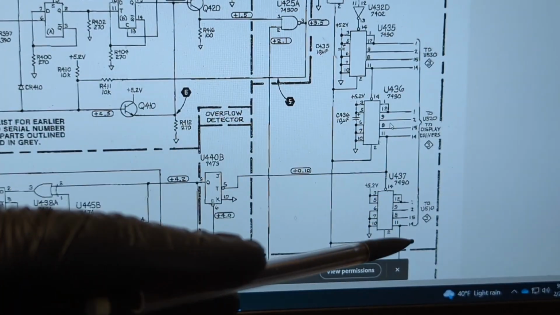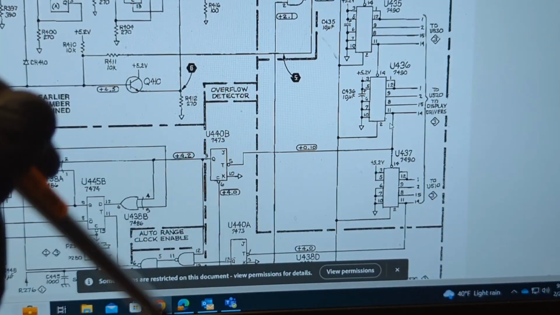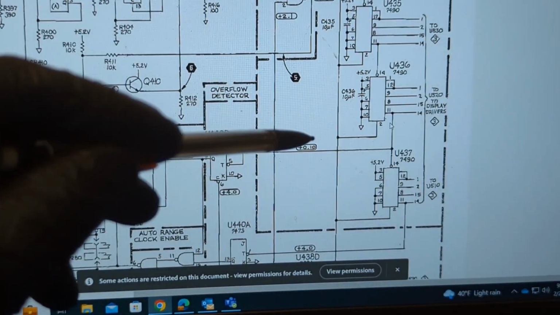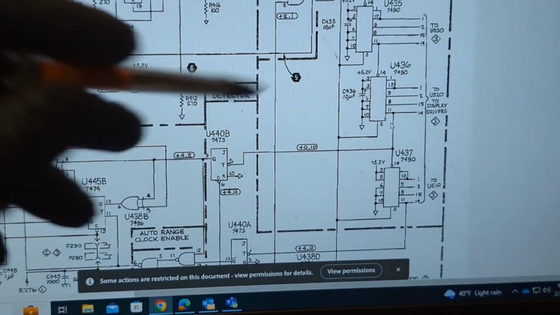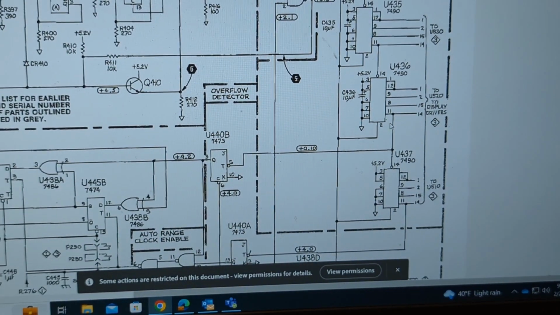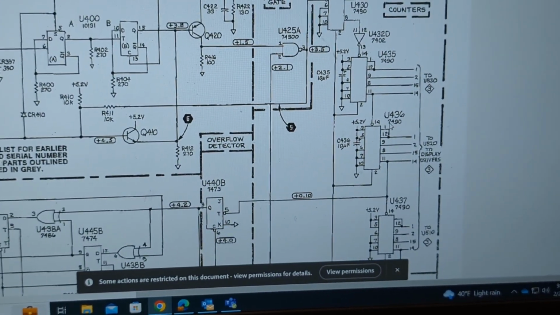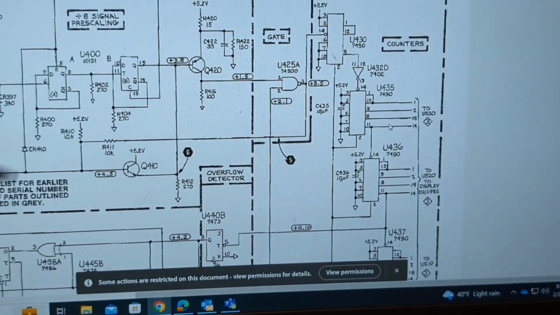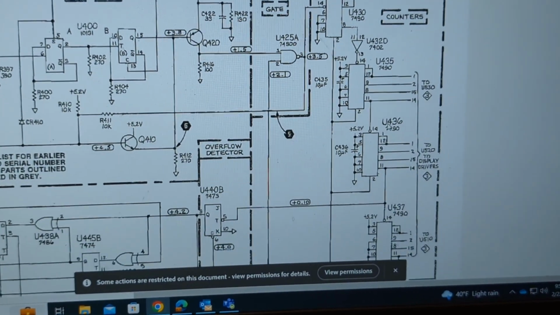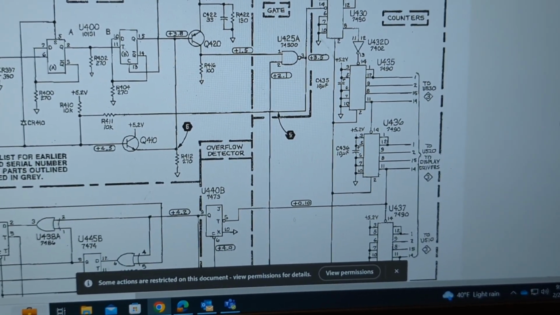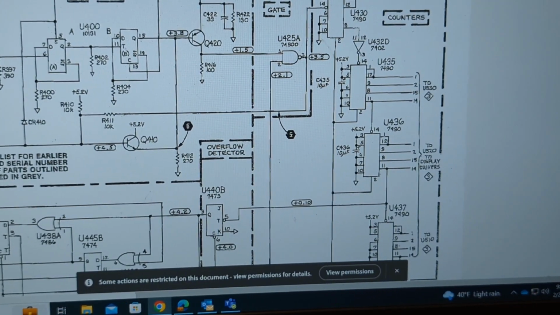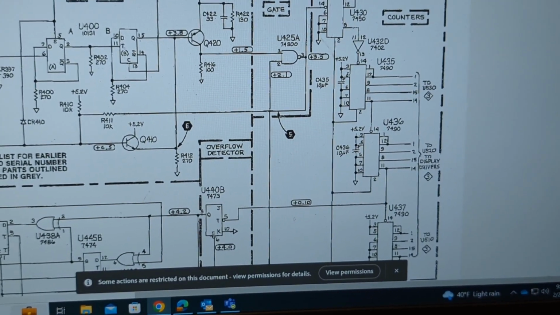Those go on to the BCD to 7-segment display drivers. U430 does not. So, what do I mean by BCD?